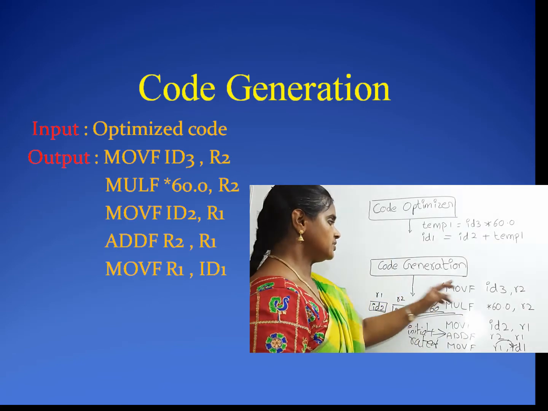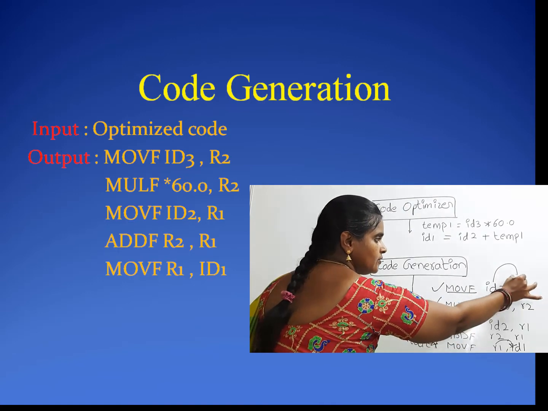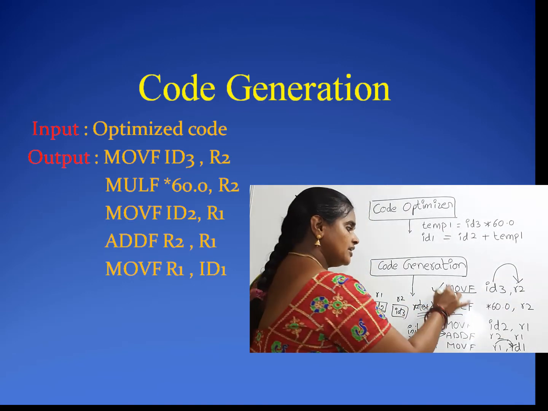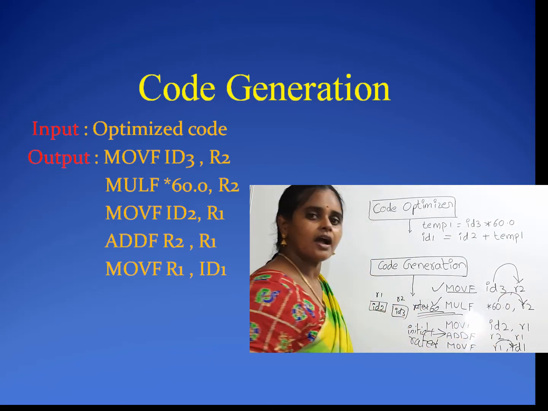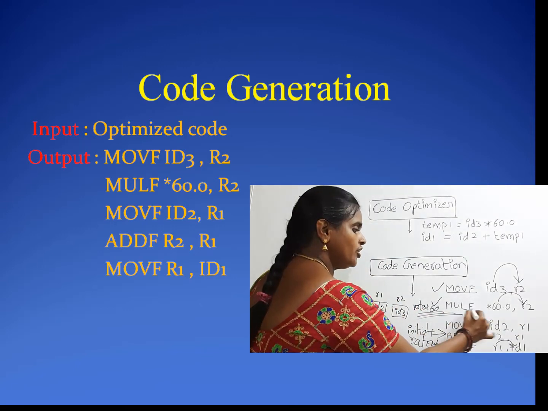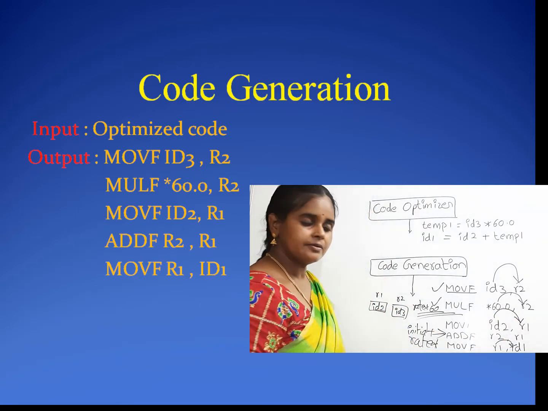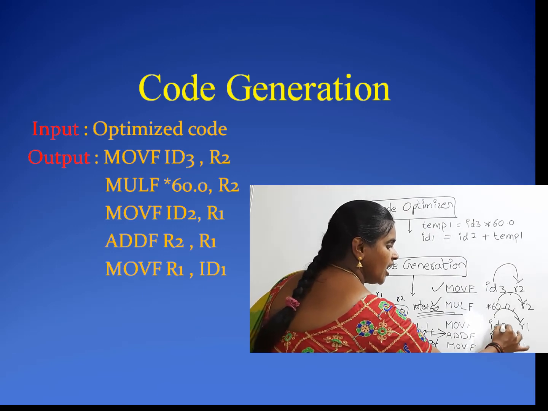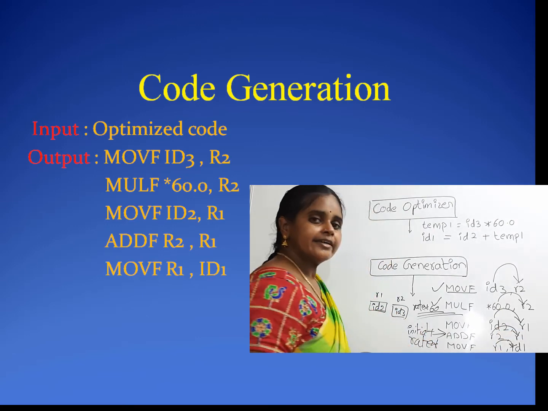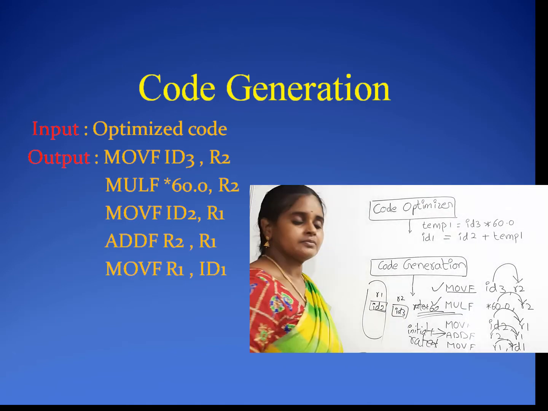So you see here, move F moves ID3 into the R2 register. Multiply F multiplies this and stores the resultant in R2. Move F moves the ID2 value into R1. Add F adds R2 with R1 and stores the final resultant in R1.